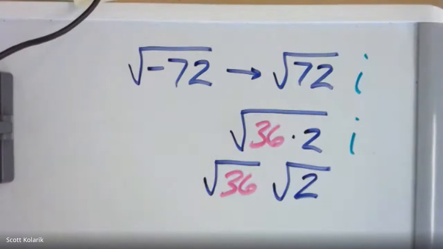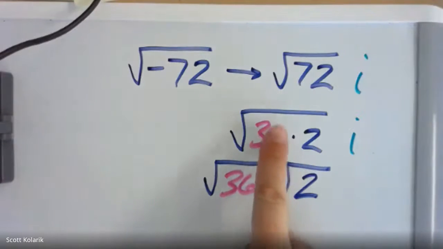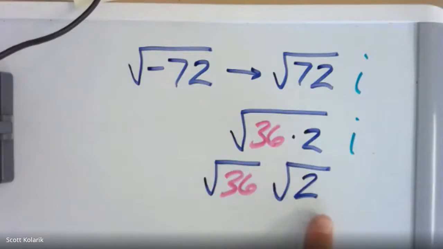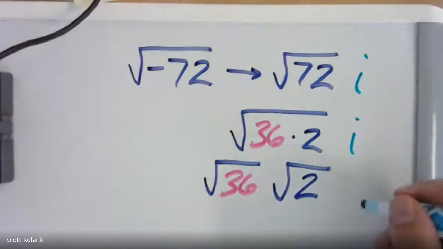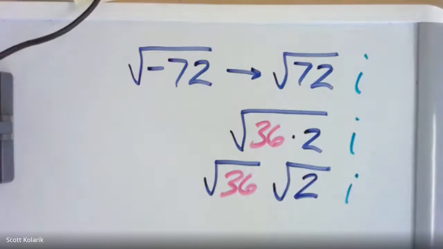That was our property about anything multiplied underneath the same radical: I can split it up into each of its pieces. But always remembering that this i is still there, because again, that represents that negative. And at this point, this piece can be simplified. That would be simplified into positive or negative 6, because either positive 6 or negative 6 squared will get me right back to 36.